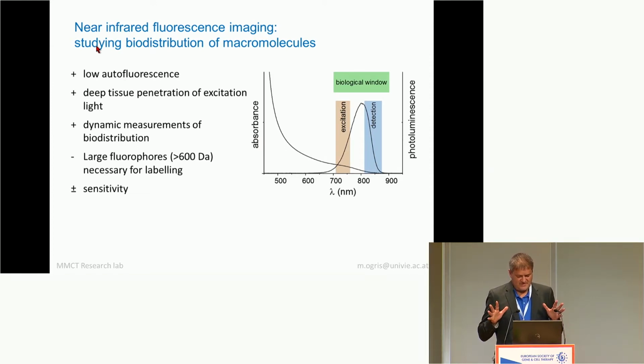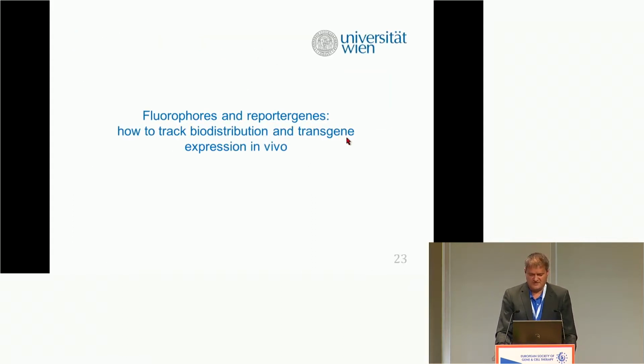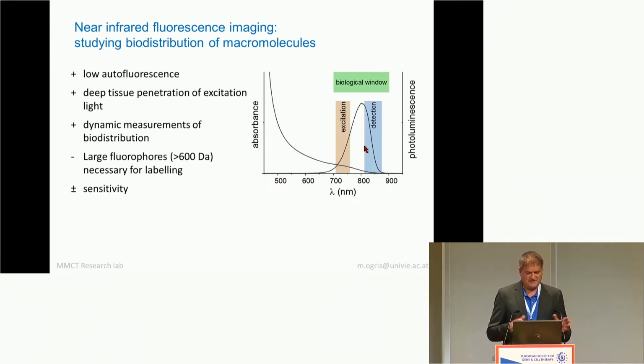So when it comes to light and to wavelengths, the near-infrared area of the spectrum is quite useful for such imaging aspects, because you will have a very low autofluorescence, and I'm talking here of this so-called biological window, here around 750, 850 nanometers. You have low autofluorescence, you have a deep tissue penetration.